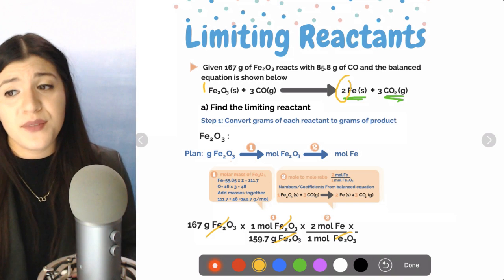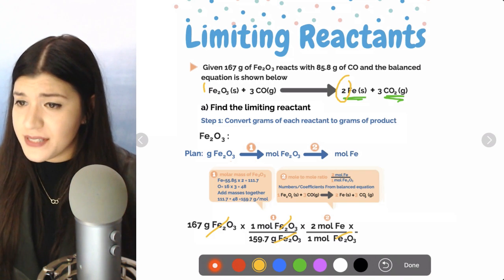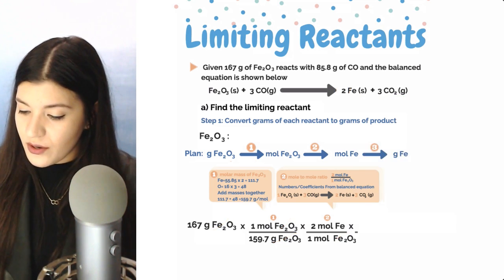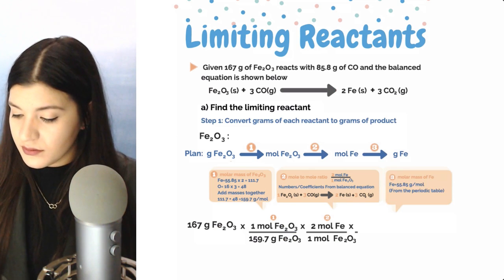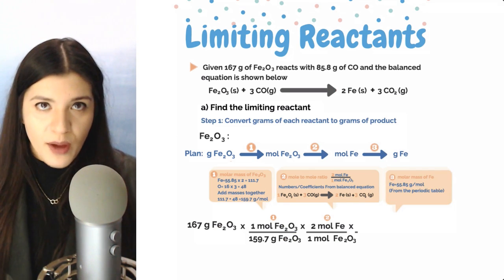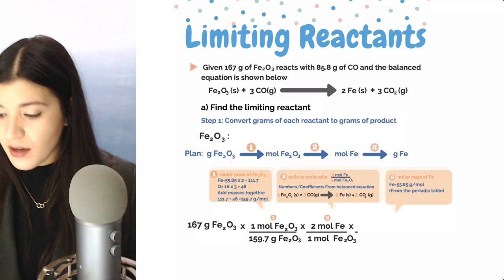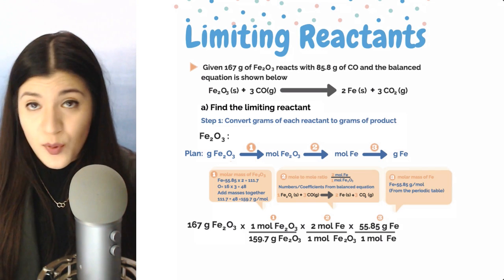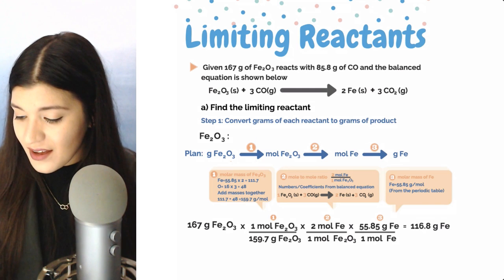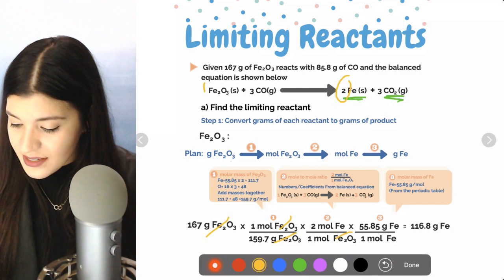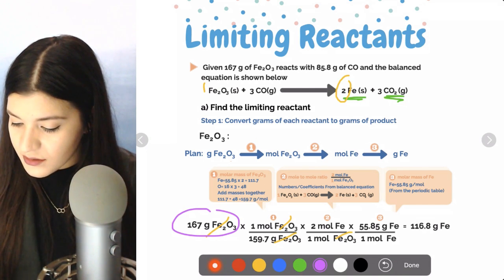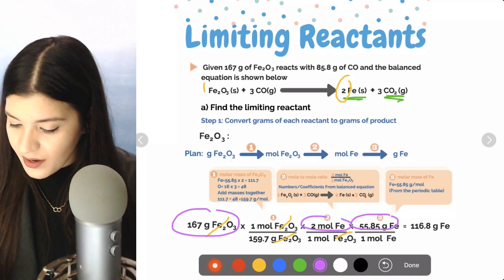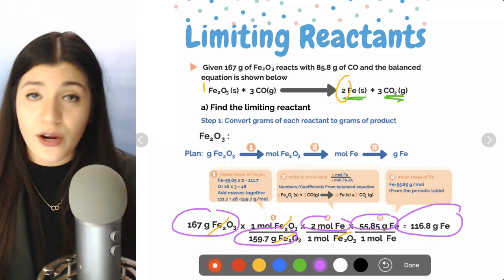So we want to get to grams now. So we're going to grams of iron. And all I need is the molar mass to figure out how many grams of iron there is. I'll set that up and multiply straight across, and divide by this value, and we would have gotten grams of iron.